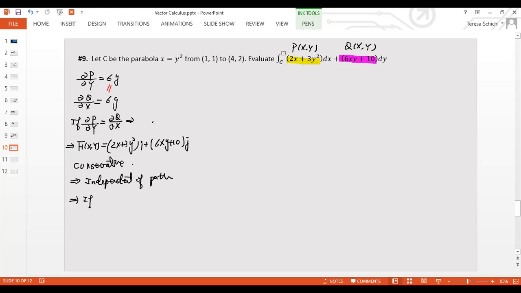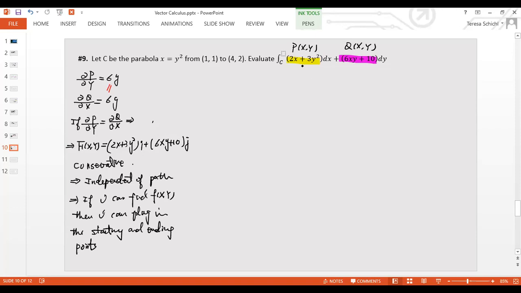If I can find the lowercase f of xy, then I can just plug in the starting and the ending point, right? Okay, so now let's try to do one more time to see if we'll be able to do that.